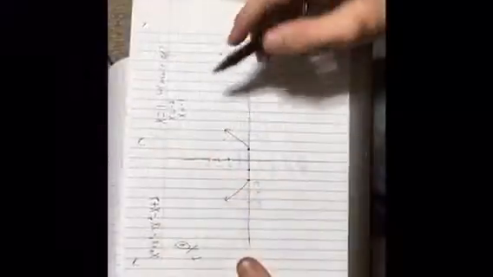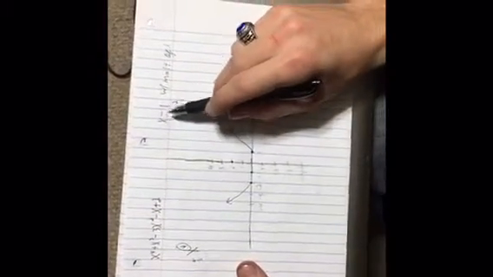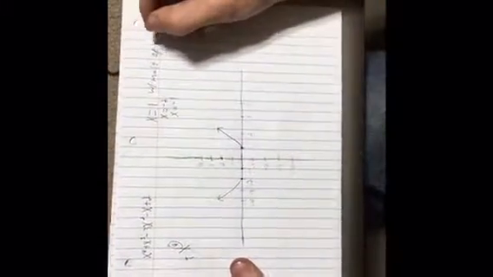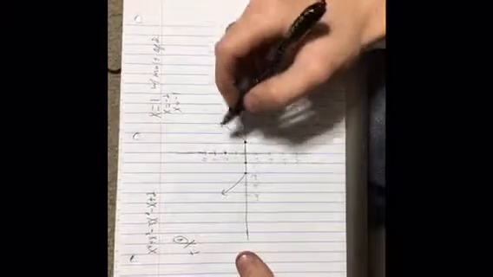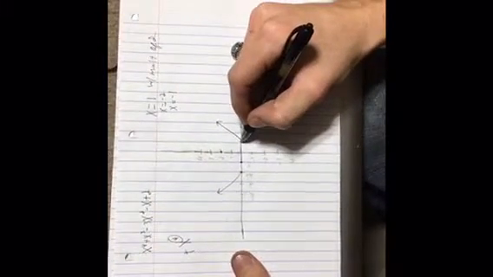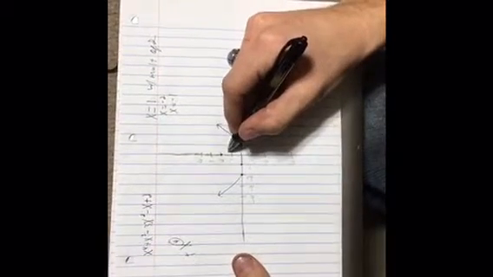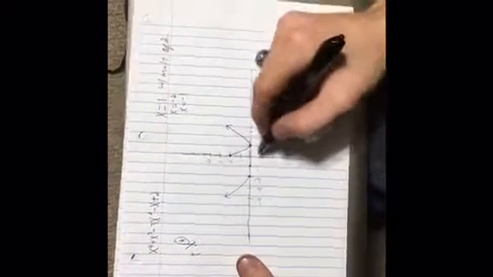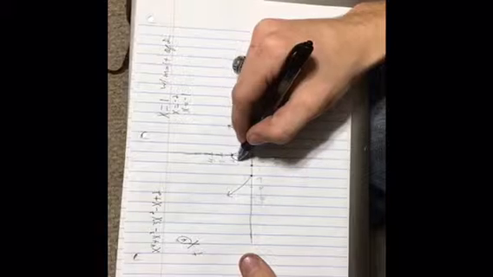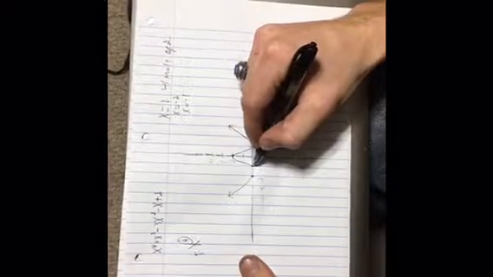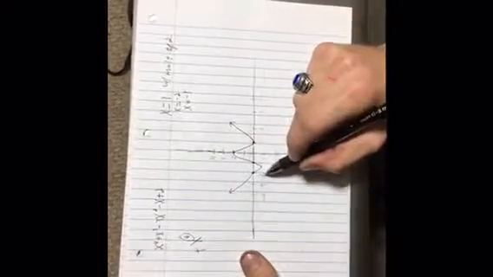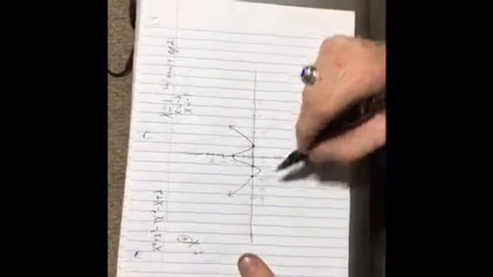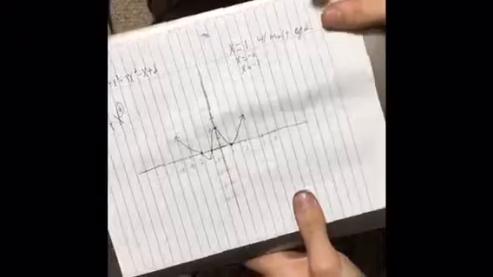Now, since our x equals 1 has a multiplicity of 2, that means that the graph will just touch the x-axis but will not go through. However, x equals negative 1 will go through, as well as x equals negative 2. And that is how you graph it.